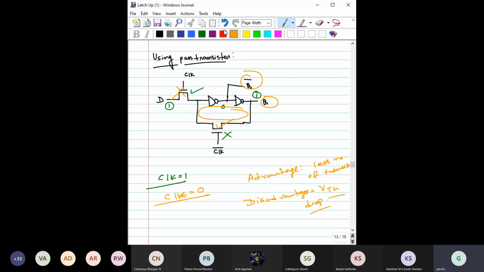We are still using some static inverters, right? That will compensate for this drop, right? Then why should we bother about this VTH drop? Less noise margin. Yeah, less noise margin. Okay, less noise margin. Any comment in terms of power dissipation?